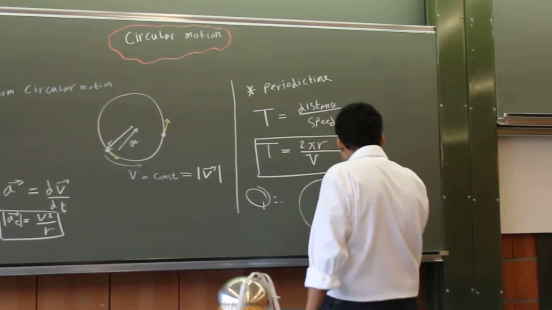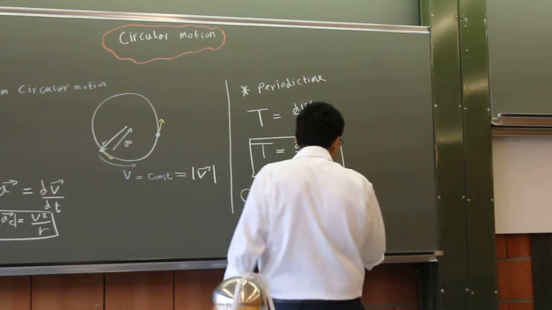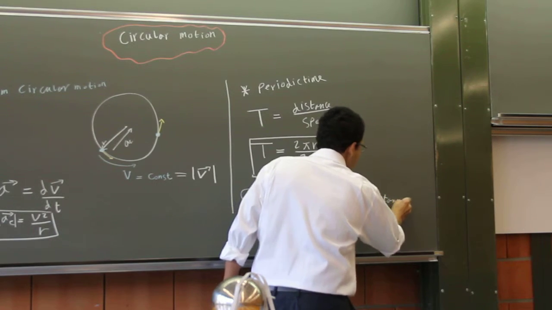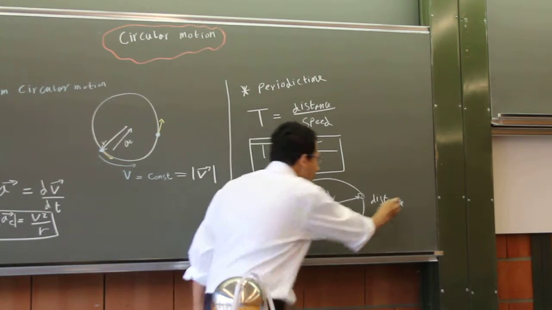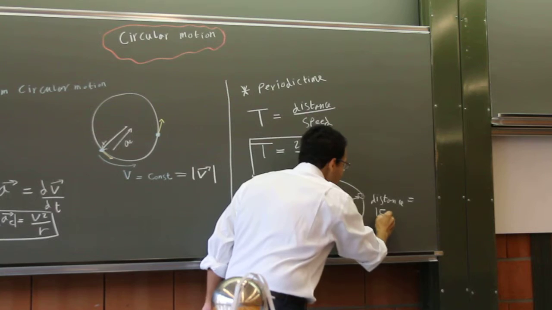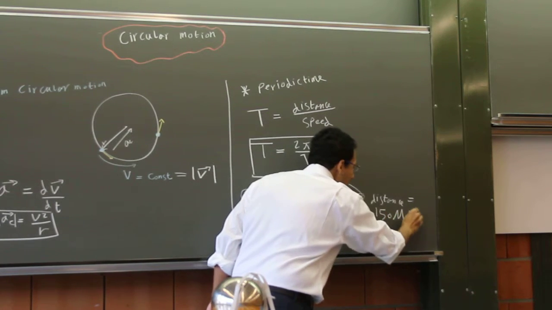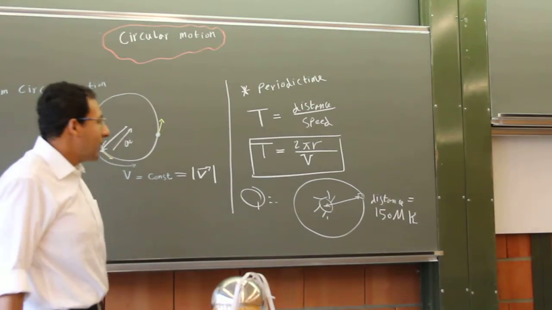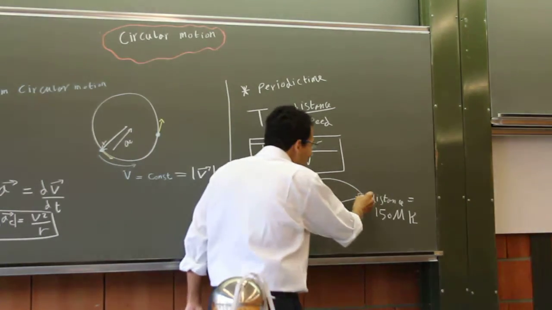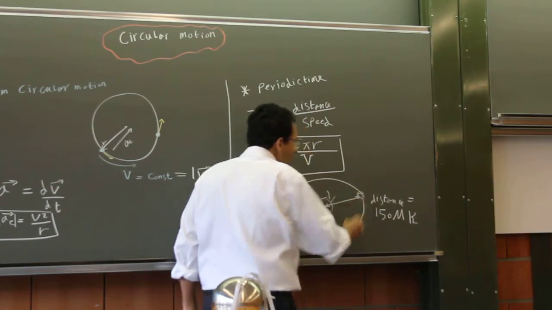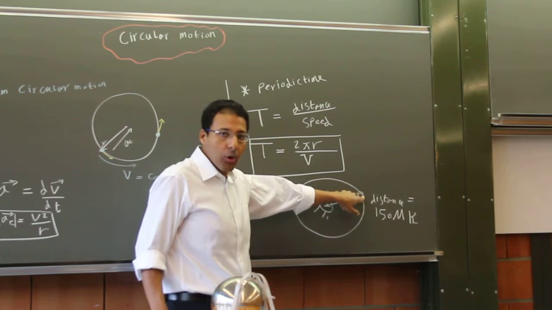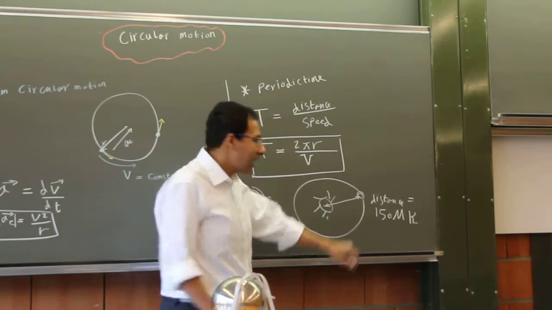So knowing that the distance between the Earth and the Sun is 150 million kilometers, find the centripetal acceleration that the Earth will experience. Okay, I want you to find the centripetal acceleration.